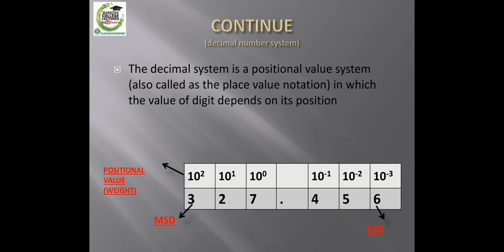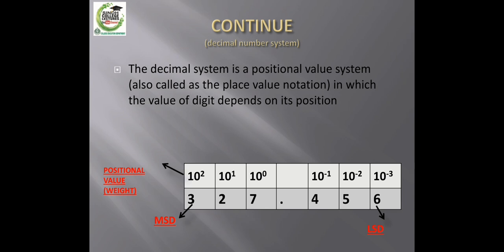This is the weight structure of the decimal number system. The number just to the left of the decimal point is the whole number, which is 302 tens and 7 units.